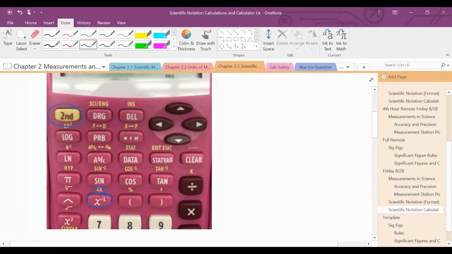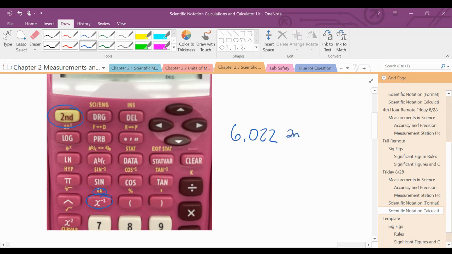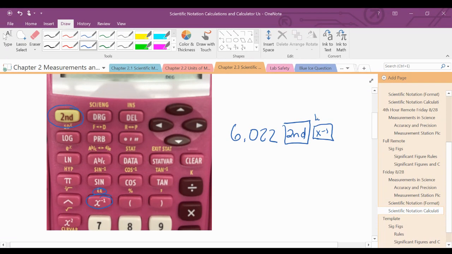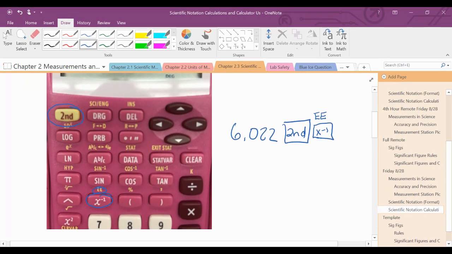So you put in your M value. Let's say 6.022. So I would type in 6.022. I would select second, x to the -1, because that's going to give me my EEs, which I want. And then I would plug in my M value.